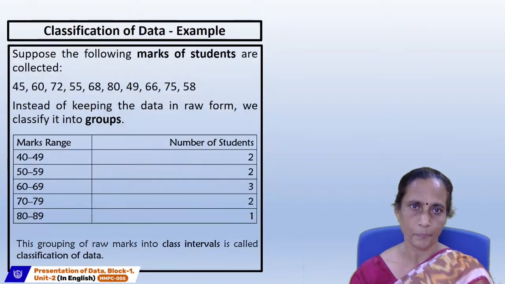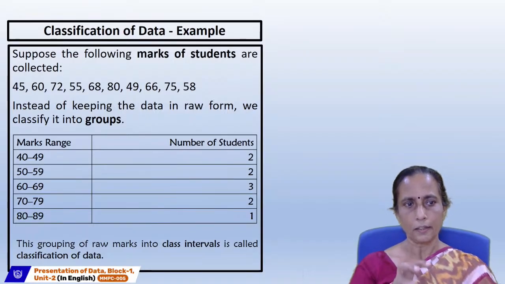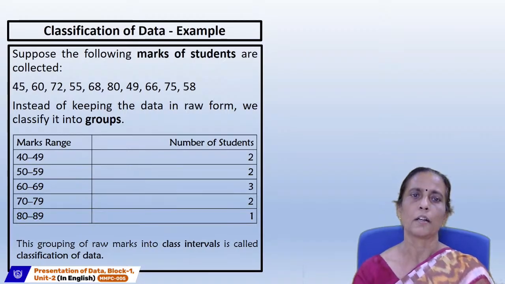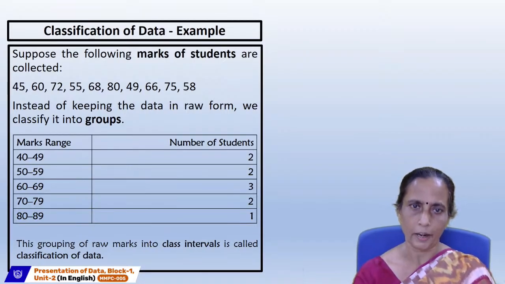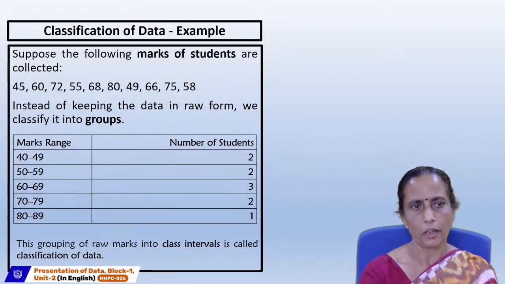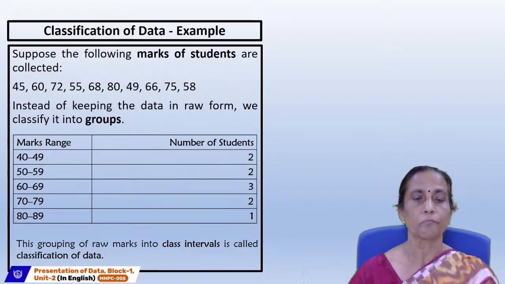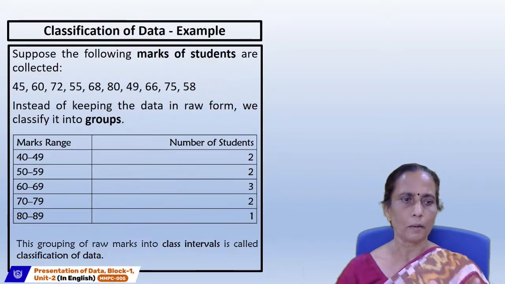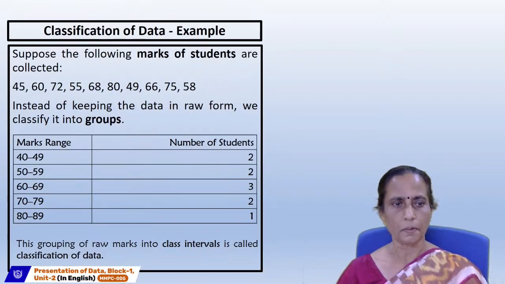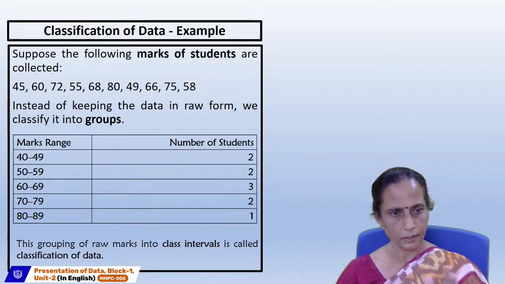So, an example of classification of data: suppose we have taken into consideration the marks scored by a group of students. Over here I have taken just 10. Instead of keeping the data in that specific form, suppose I present in which range of marks how many students there are, that means how many students have scored more than 80, how many have scored 70 to 80, and so on and so forth.